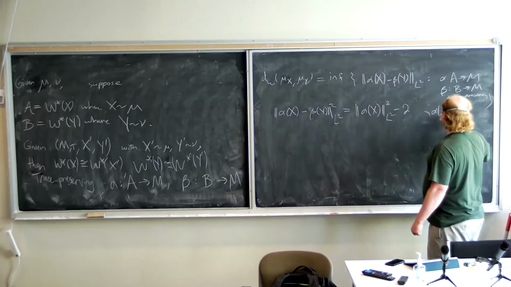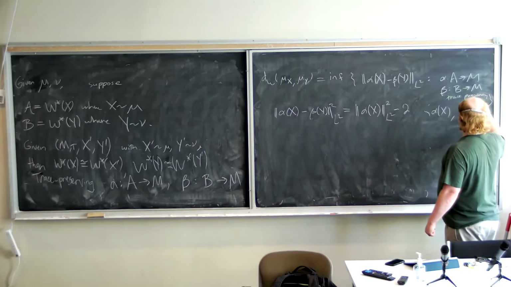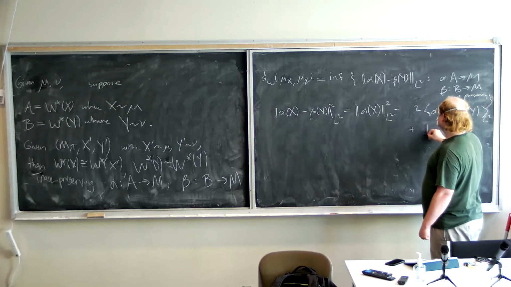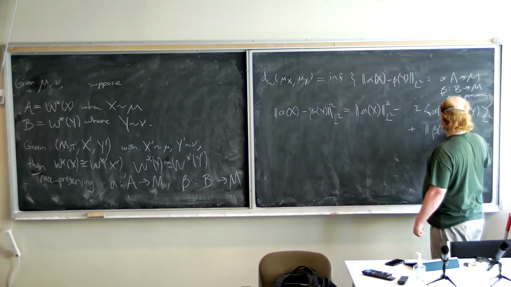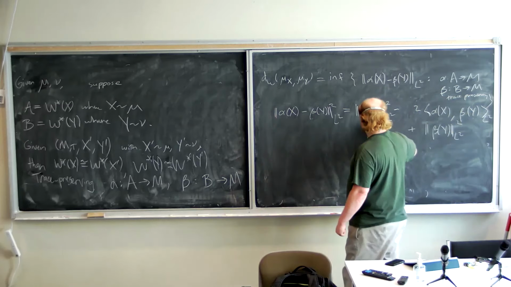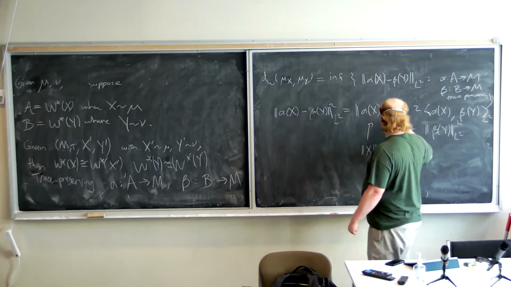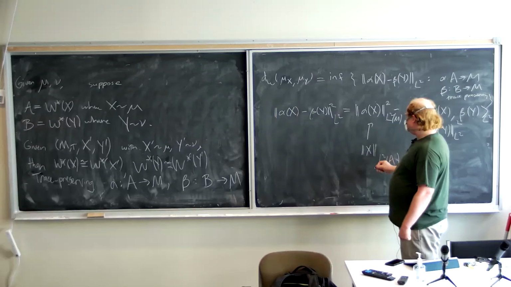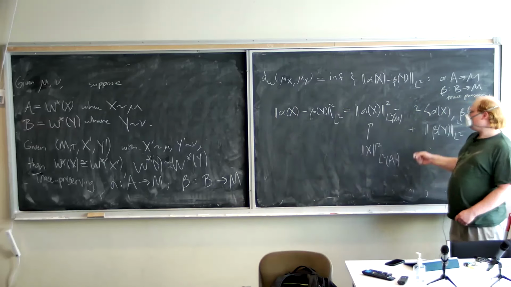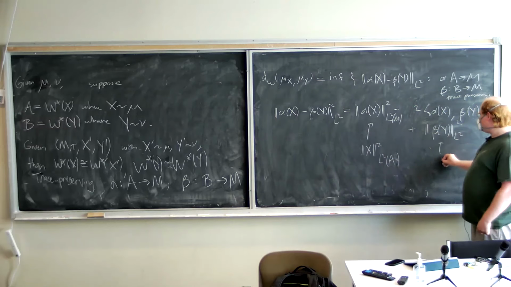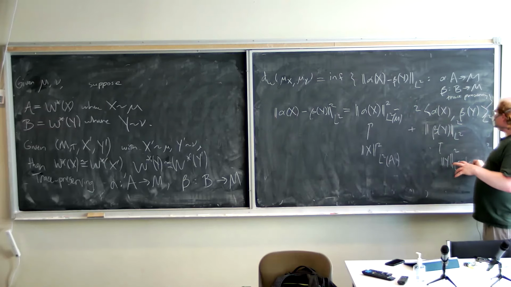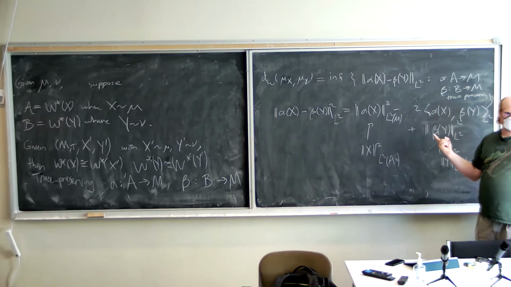Oh, wait, this is real anyway. Okay. All right, you expand out the inner product, and you see, well, so this would be an L2 of M with its trace. And this here, the L2 norm of alpha of X is just the same as the L2 norm of X, and this is the beta of Y. The L2 norm is the same as the L2 norm of Y. And so these things are fixed. And the only thing that's changing is the inner product.